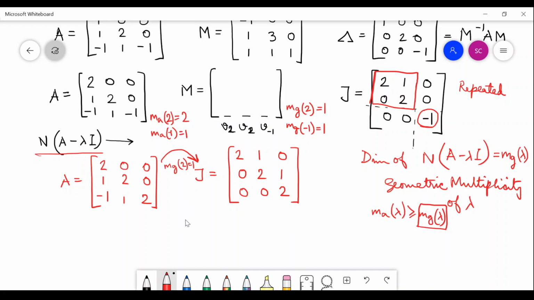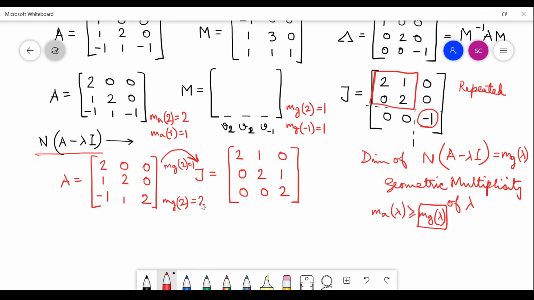Now let me pose a problem like this: suppose I find while doing this operation that mg2 comes out to be 2, then what would be the Jordan form?